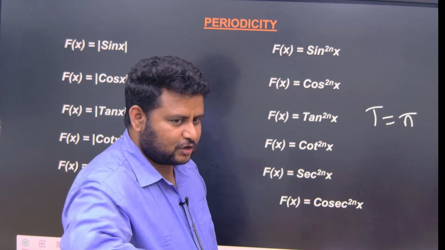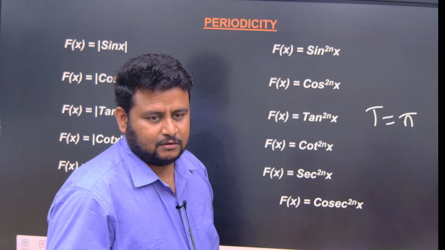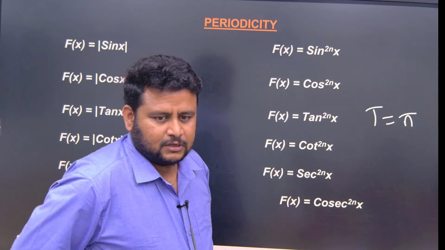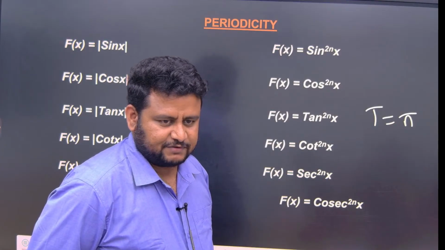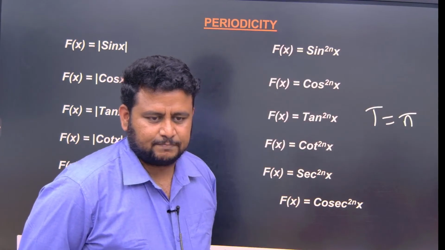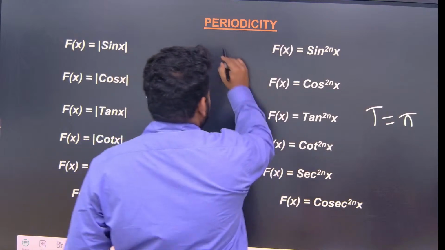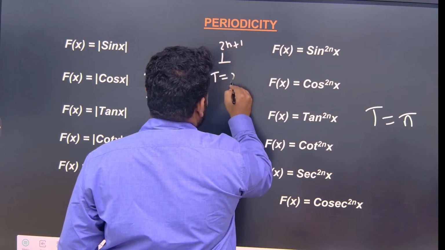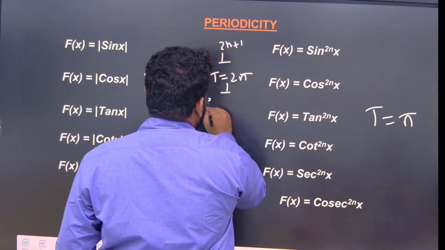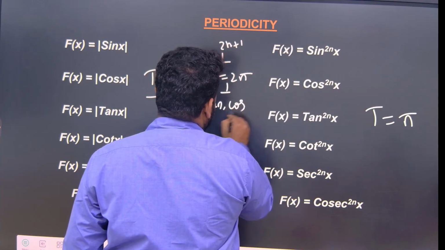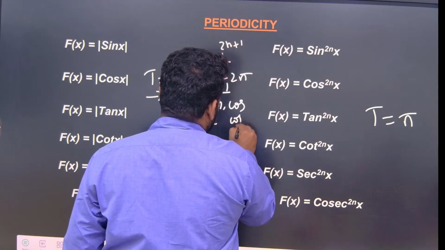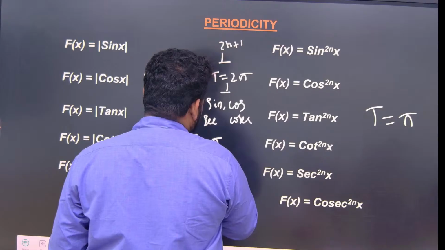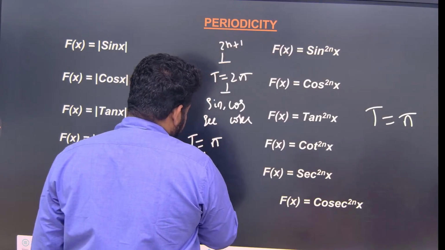Now, what about odd powers? It is 2 pi for sine, cos, secant and cosecant, but when it comes to tan and cot, it is pi. So if it is 2n plus 1, T is 2 pi for sine, cos, secant, cosecant, and T is pi for tan and cot.